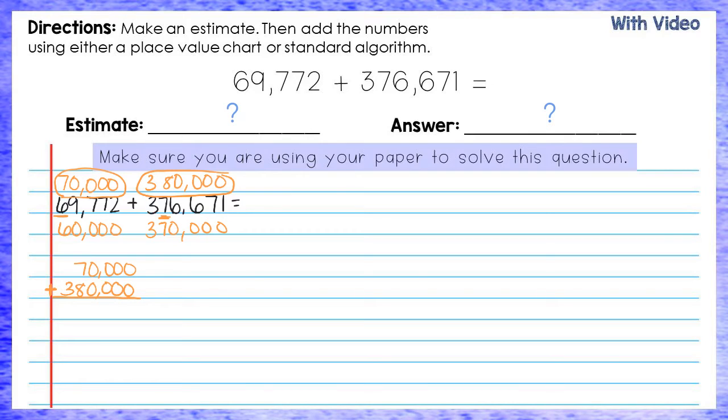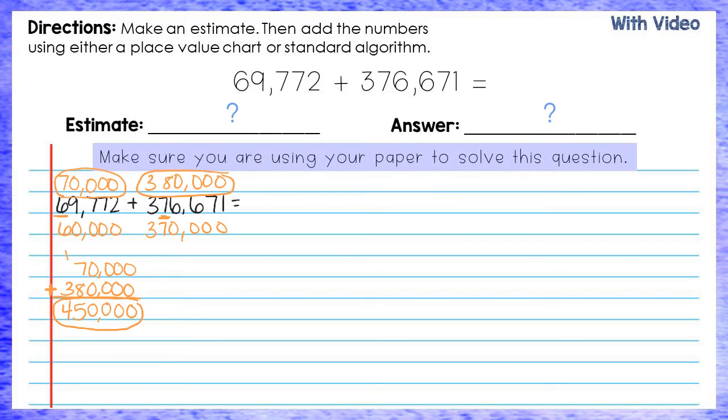So 0 plus 0 is 0, 0 plus 0 is 0, 0 plus 0 is 0, 0 plus 0 is 0, 7 plus 8 is 15, carry 1, 1 plus 3 is 4. So our answer is going to be a little bit less than 450,000.